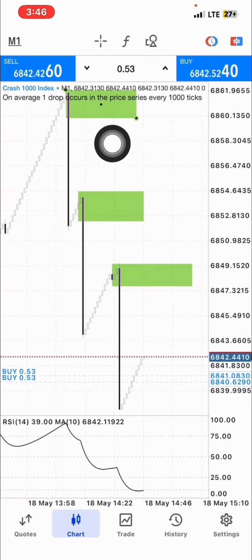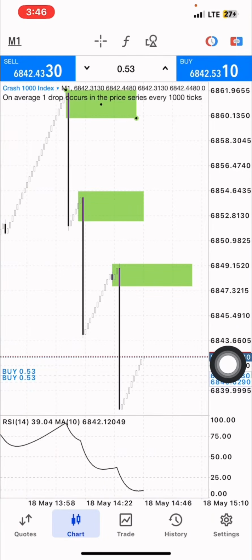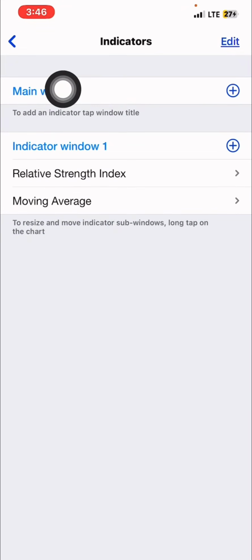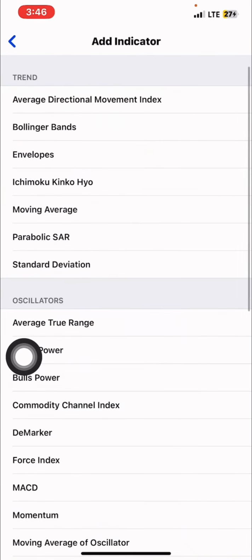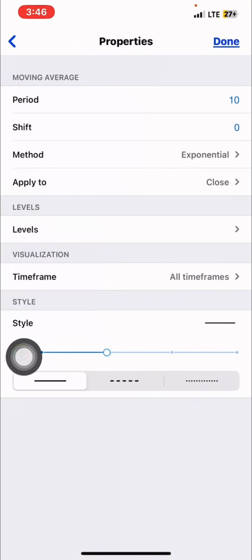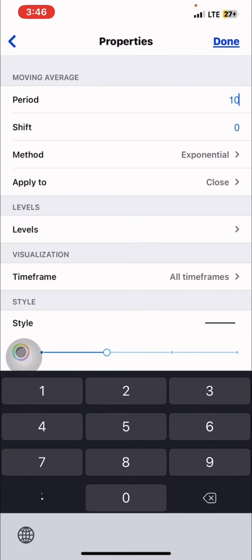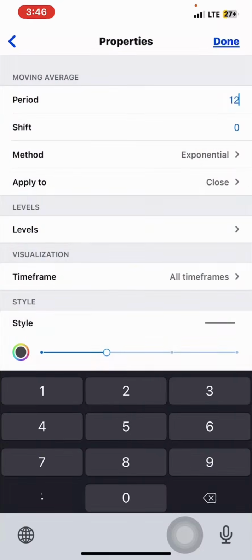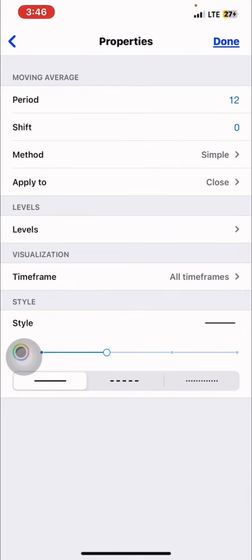So the last indicator you want to add is your moving average, but this time around you have to add it on the main window. Click on the main window and look for your moving average. Change your period from 10 to 12, change your method from exponential to simple, then apply to close.